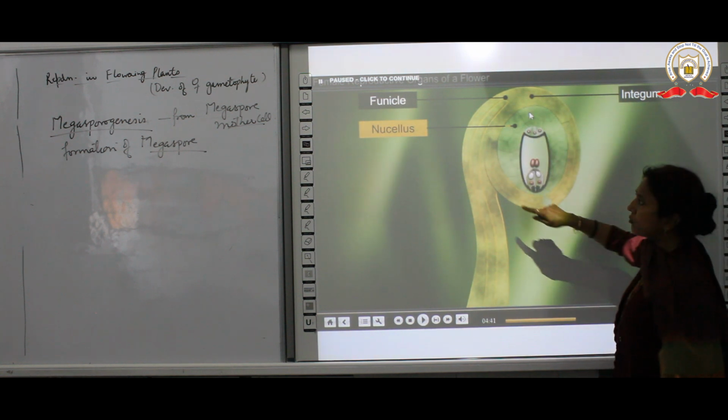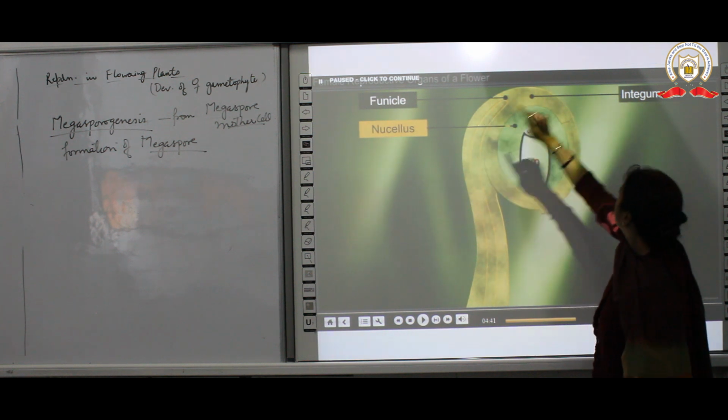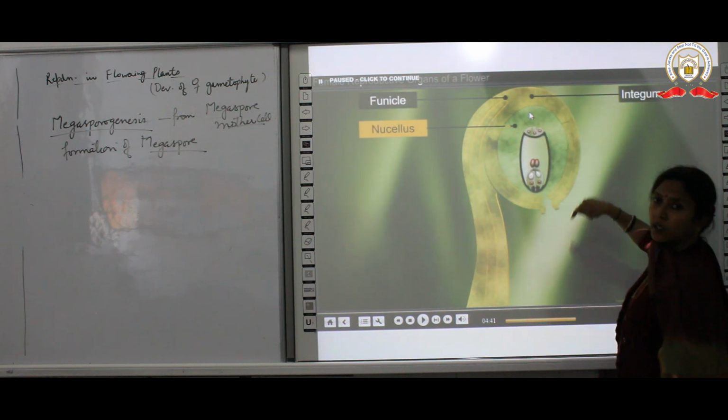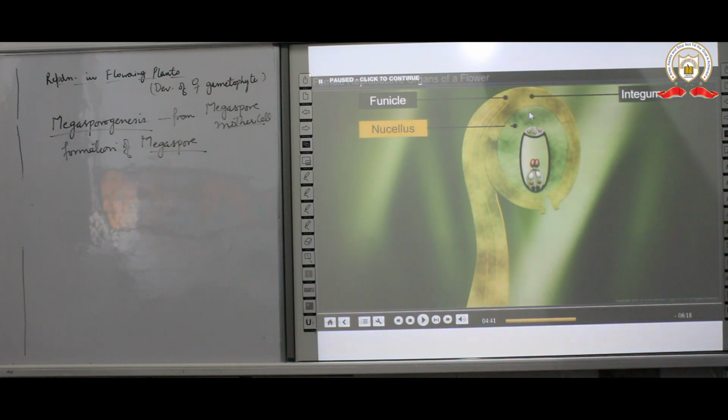This is the central part of the ovule, and here is present a special tissue called nucellus. So you can see the funicle is there, the integuments surrounding the ovule are there, and a special tissue called nucellus is present here. From here we develop the mother cell.